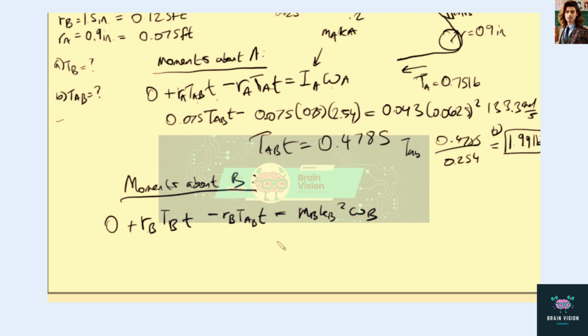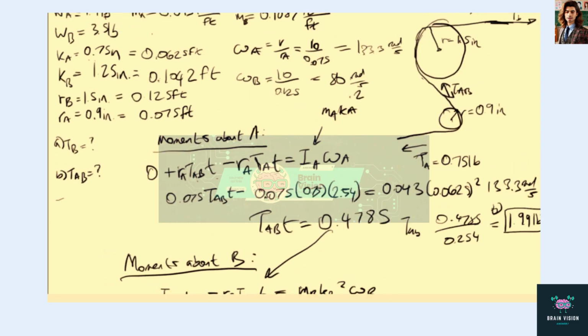We plug in all our values, and we can plug this in for TAB times T. So we're going to get 0.125 times TB times 2.54, minus RB, which is 0.125 times TAB, which is 0.4785, times T, which is 2.54, is equal to MB KB squared.